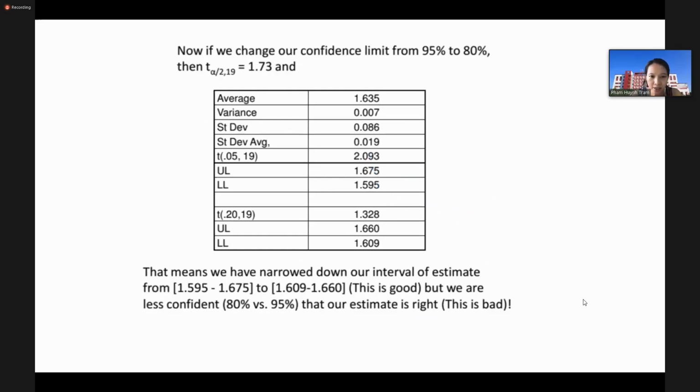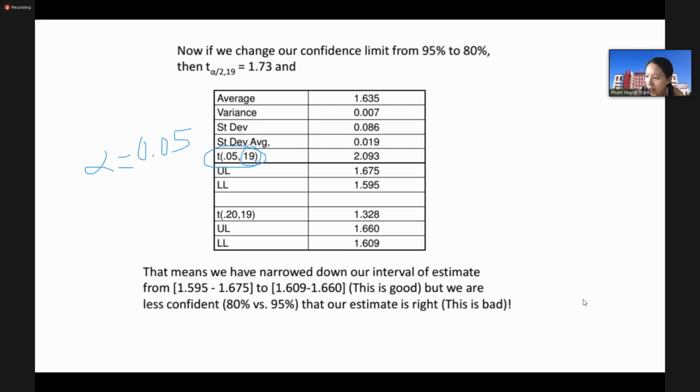All right, so you check the t value. This is the t value when alpha equals 0.05, and we have 20 replications, so the degree of freedom is 19. Now we will change the alpha.